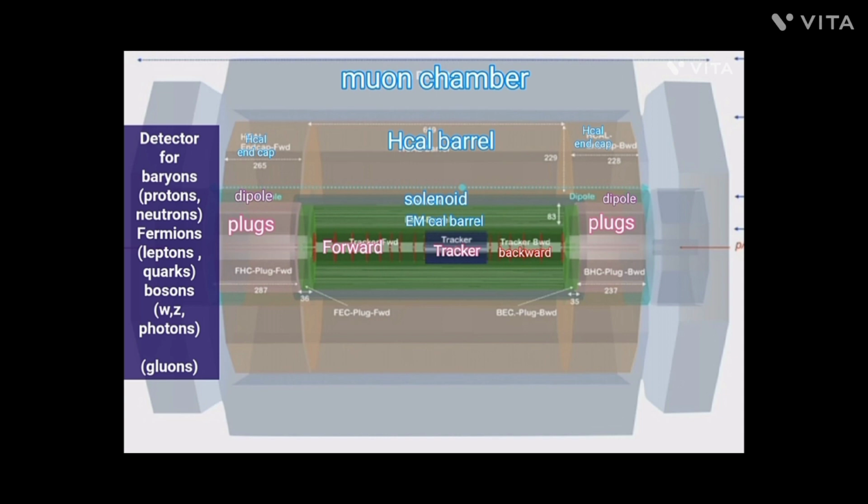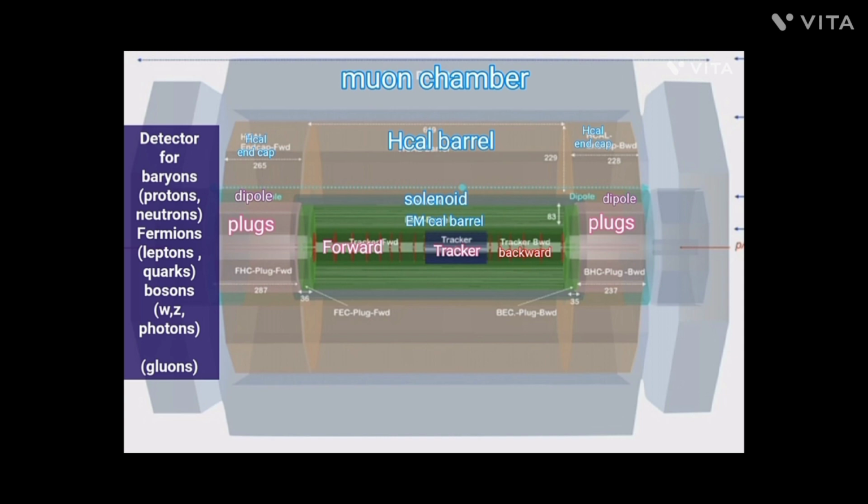Next we have the muon chamber. There are neutrinos which can escape all the detection layers. There are neutrinos which even pass through all the layers of the Earth to the other side of the Earth.